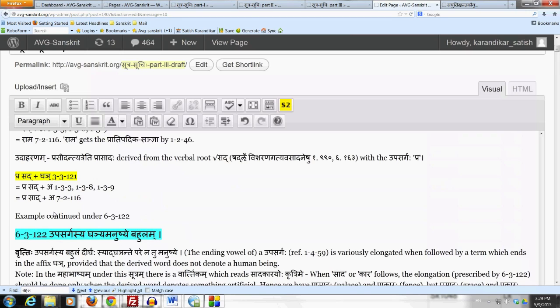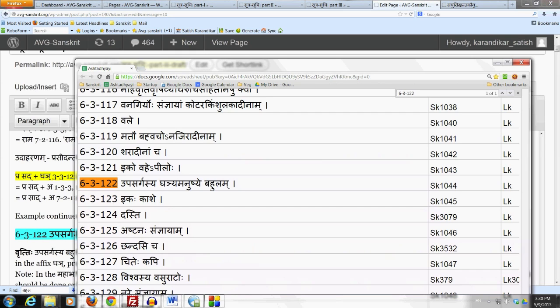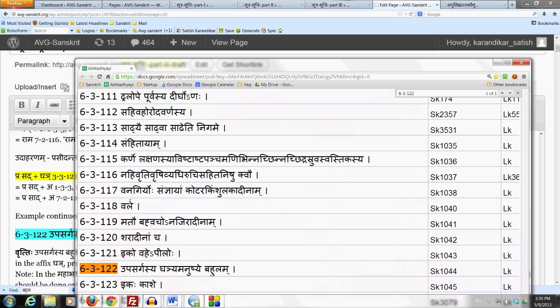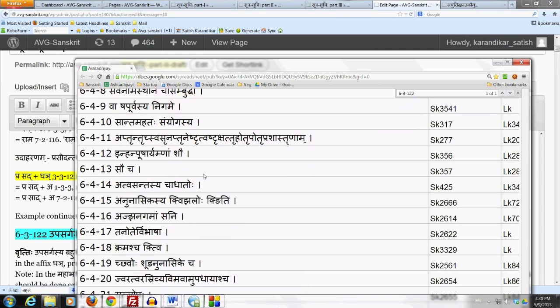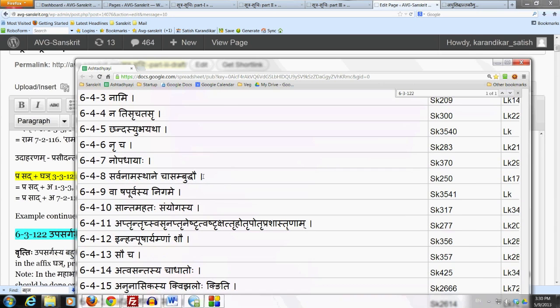Okay, so 6.3.122. What does it say? Upasargasya ghaiya manushye bahulam. Anuvritti of dirgha is coming down from 6.3.111. Anuvritti runs all the way down from 6.3.111 to 6.4.18. Anuvritti doesn't have to stop just because the quarter is over.